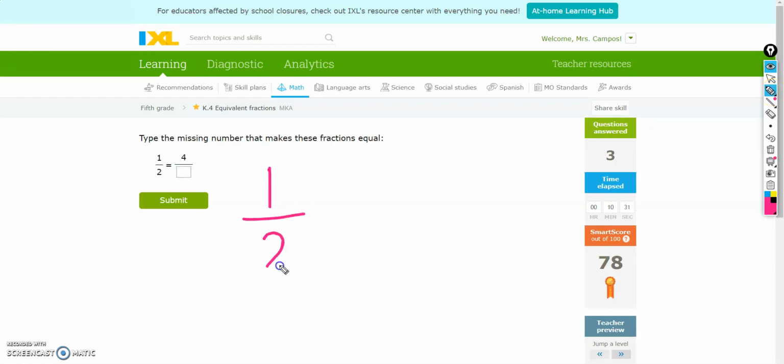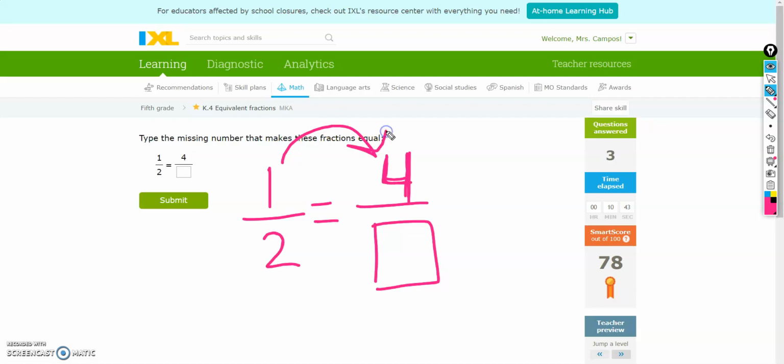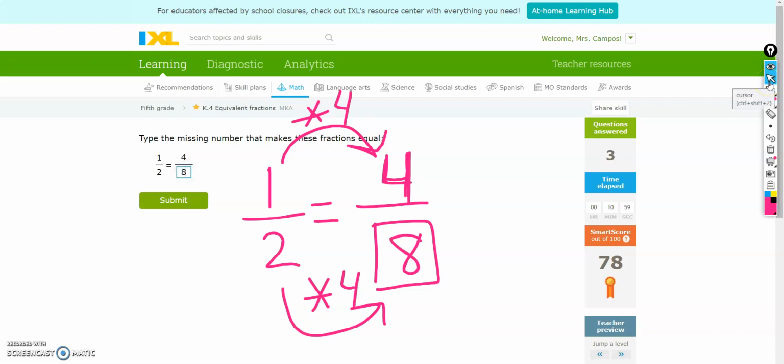So I have 1/2. I'm going to figure out how did I get 1/2 to become 4 over blank. So how did I get 1 to become a 4? I multiplied by 4. So if I do it to the top, I do it to the bottom. 2 times 4 is 8. So my answer is going to be 8.